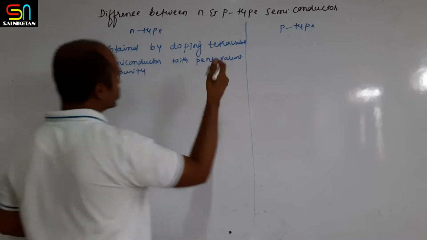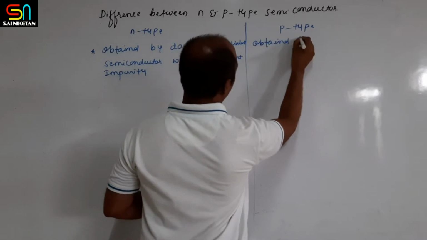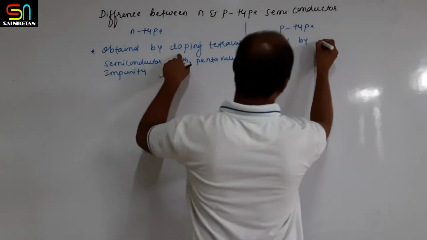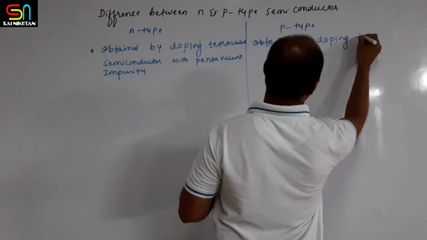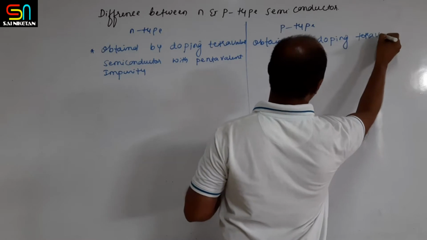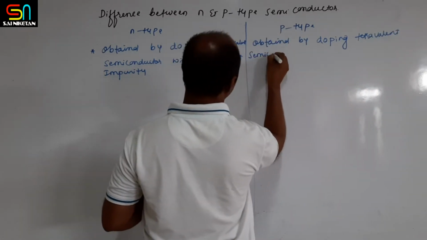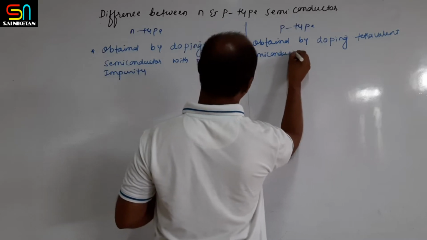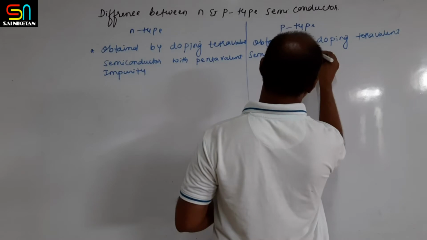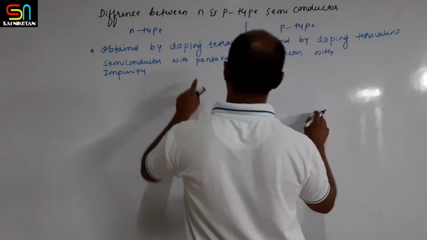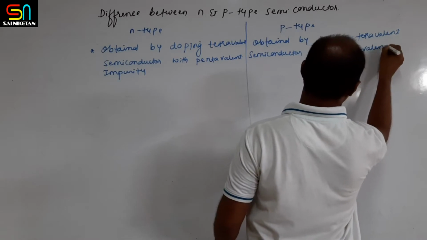Similarly here, the p-type can be obtained by doping a tetravalent semiconductor with trivalent impurity.